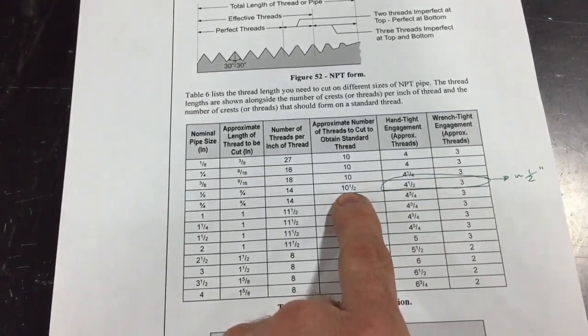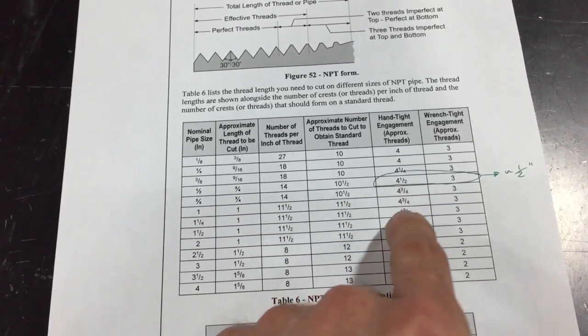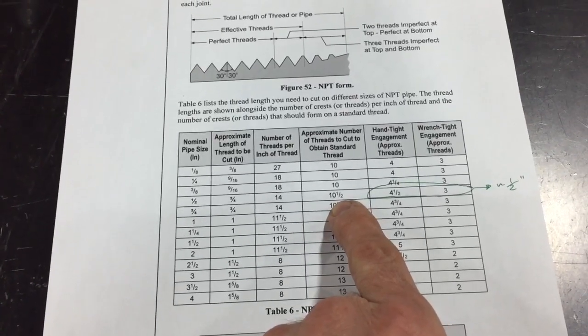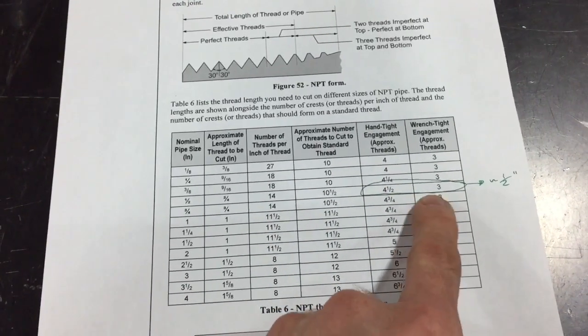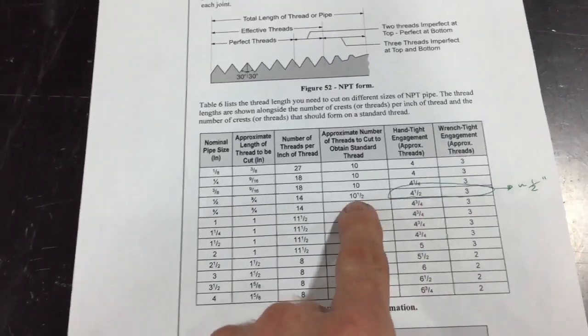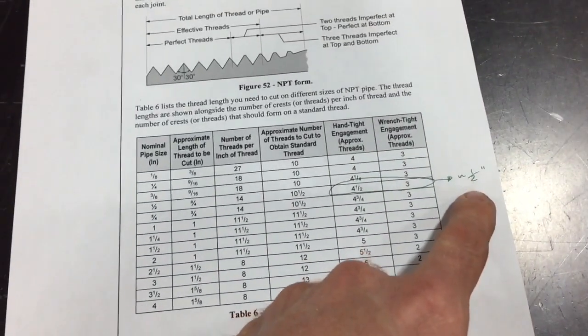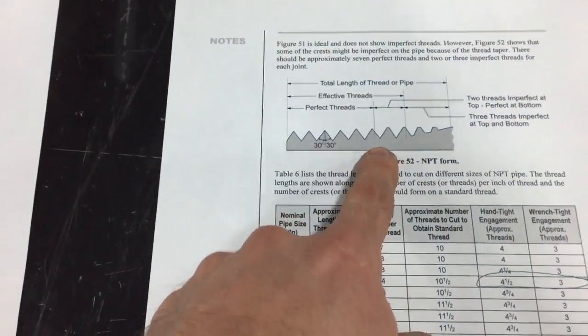That means out of the total 10.5 we'll have approximately 3 left. So when we're done tightening it we should be able to see three threads approximately. The 7.5 threads from the 10.5, if we have a total of 3/4, works out to be approximately 1/2 inch. So you're going to have about 1/2 inch of threads engaged.